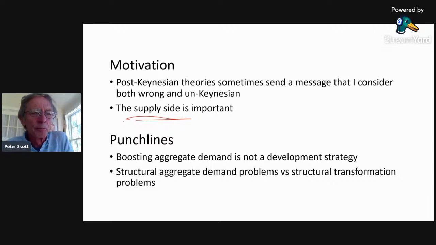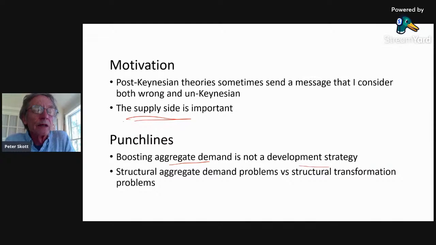So the punchlines, if you want, are quite simple. It is that boosting aggregate demand is not a development strategy. Aggregate demand is important, but it's not just a matter of increasing aggregate demand.